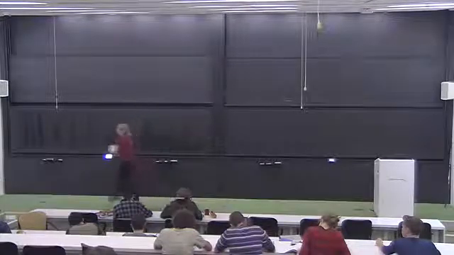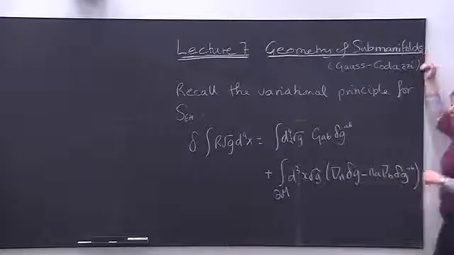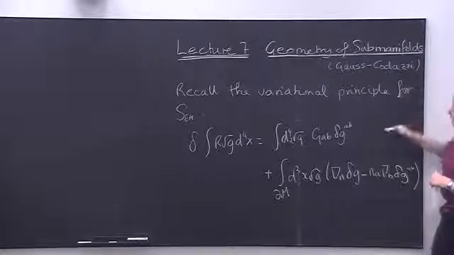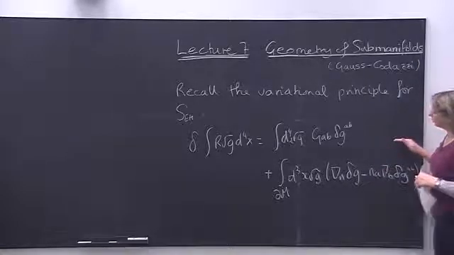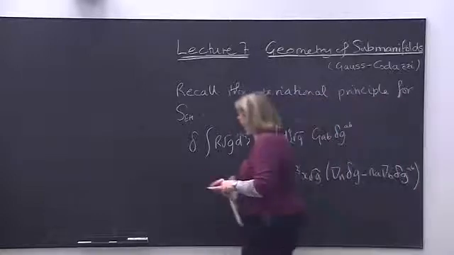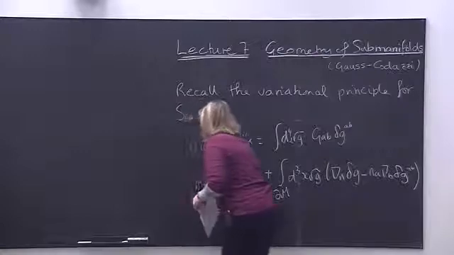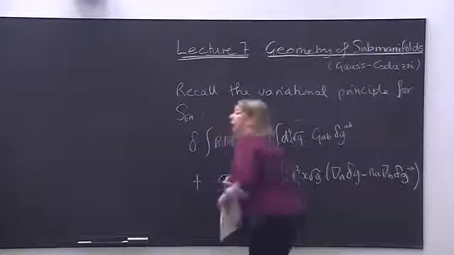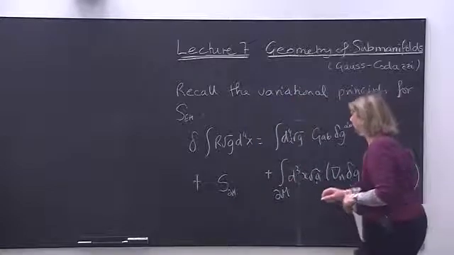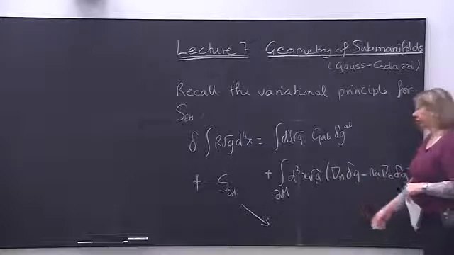And so what we're going to do today is develop a sort of general formalism for submanifolds, but then we're going to look specifically at this issue, and we're going to add an extra piece which lives on the boundary of M, which is going to give us some boundary variation.